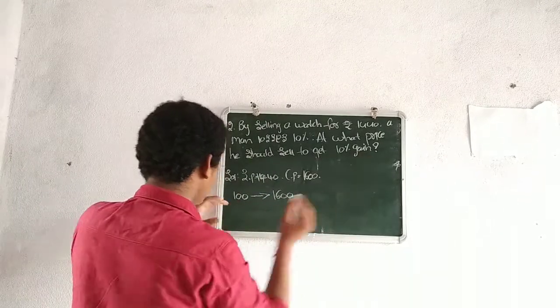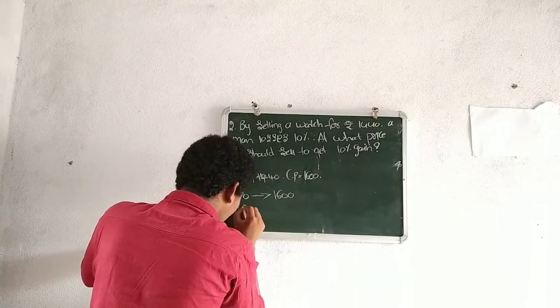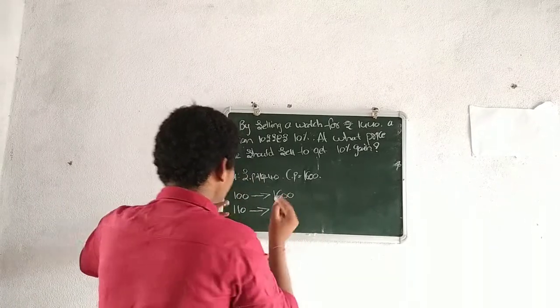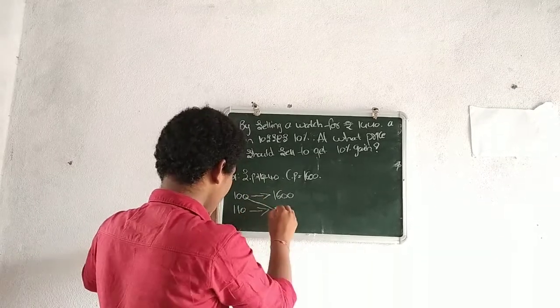Gain or profit are the same. Here gain is 110 by, simply keep z. Okay, I can do cross multiplication.